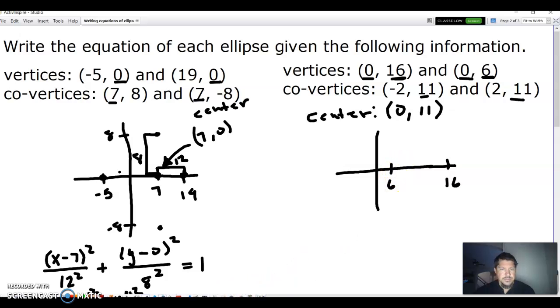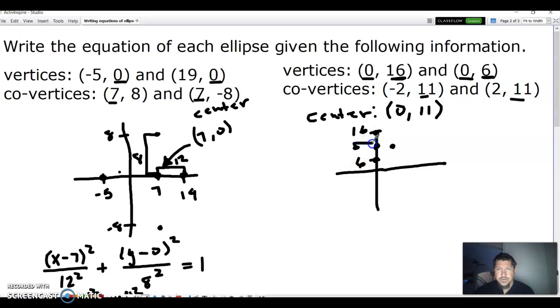No, wrong axis. My co-vertices are at -2, 11, which is right halfway in between these, and positive 2, 11, so that's why 0, 11 is the center.